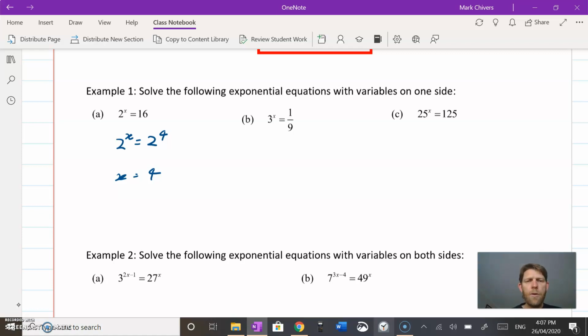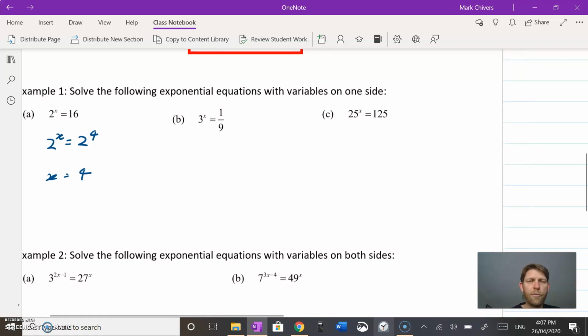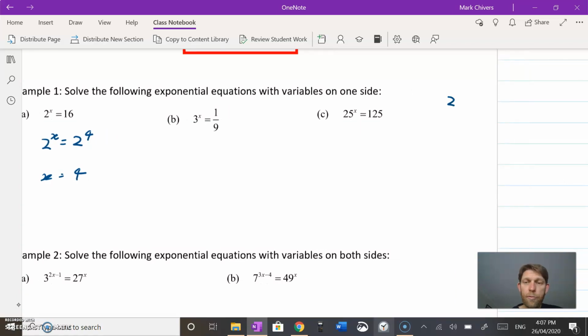Okay, so now we start throwing in a little bit of stuff that we tried to understand through this indices topic. And so we've got 3 to the power of x equals 1 over 9. And your initial thought might be, oh, hang on a second, how am I going to get that into the form of 3 to the power of something? But remember, 3 to the power of negative 1 was 1 over 3, wasn't it? And we learnt that a little while ago.